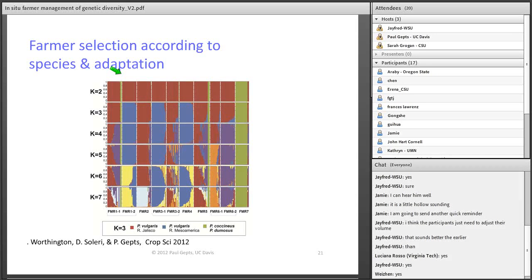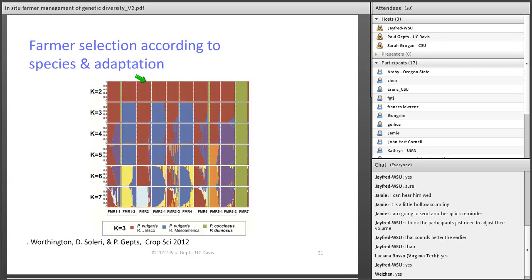Then the most recent study in this regard was conducted by Margaret Worthington, who is another master's student and colleague of Dr. Daniela Soleri of UC Santa Barbara. Margaret has now gone on to North Carolina State, and she is in the plant breeding program.